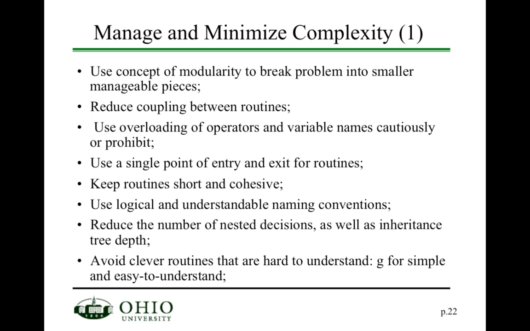Another one, use a single point of entry and exit for subroutines. In a sense, if you have a C subroutine, you can have multiple returns, so try not to do that. Have one point of entry, one point of exit. Keep the routine short and cohesive. In other words, if you look at a subroutine or a module, make sure that all the lines of code have to do with the same kind of task. And make sure that you pick names for your variables that are logical and understandable. Also reduce the number of nested decisions, as well as inheritance tree depth.